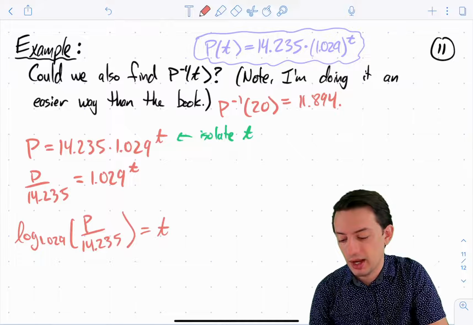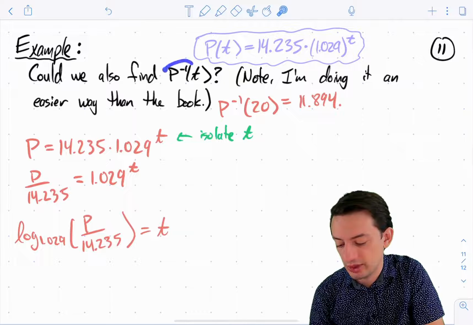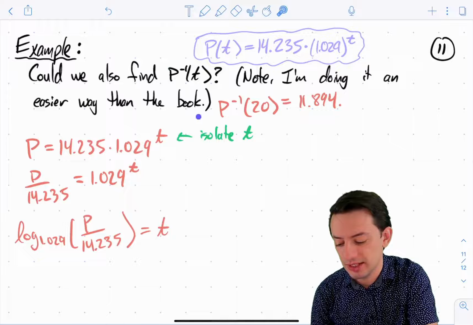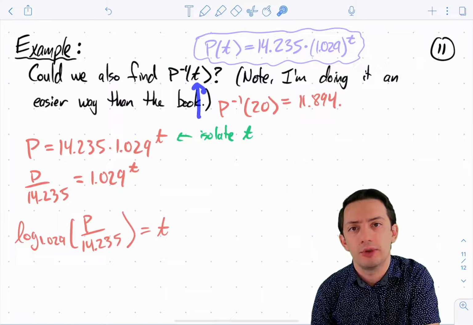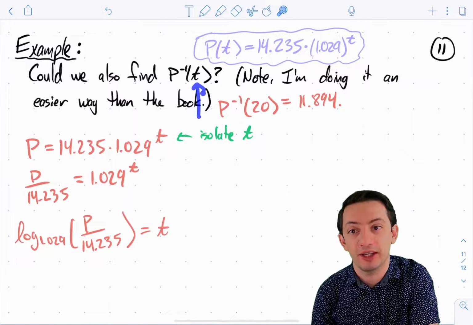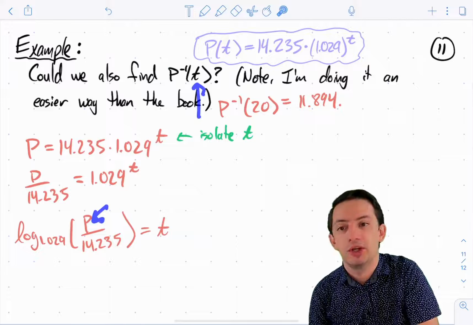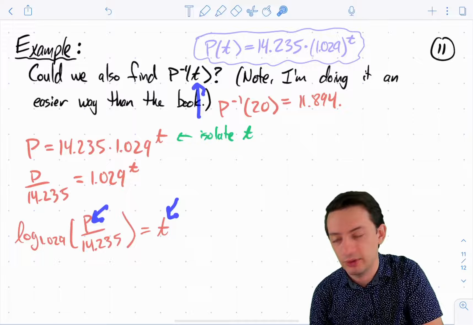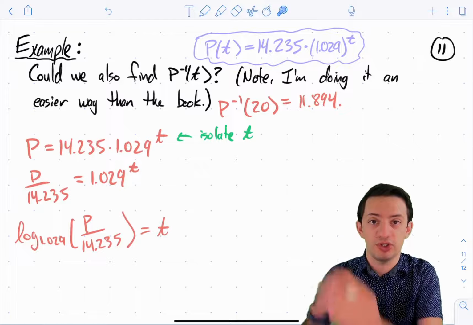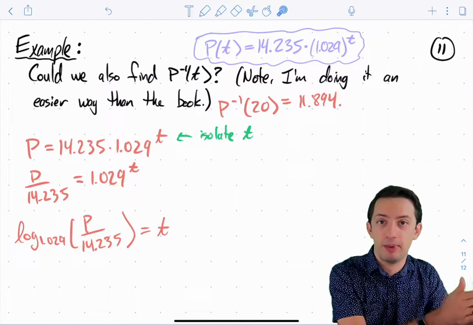Now, I shouldn't really have written p inverse of t here, because using t was a really bad choice of variable, because you're not plugging in t anymore. You're plugging in the population. You're doing the function, and what you get out is the year. Remember the original function, you take a year, you feed it through your function, and you get population.